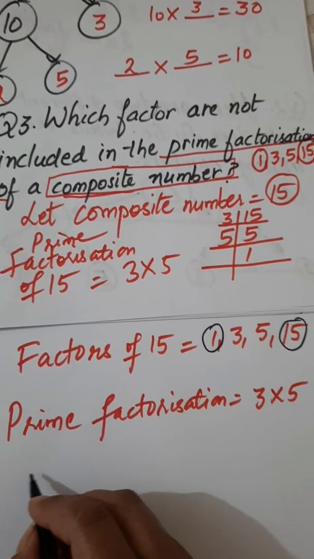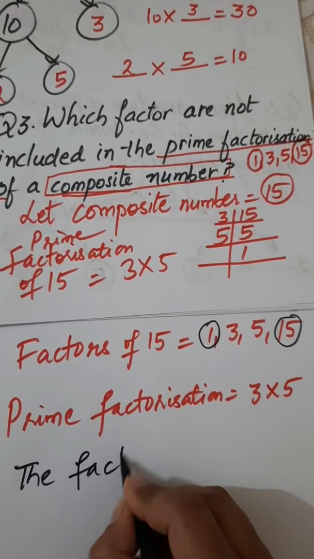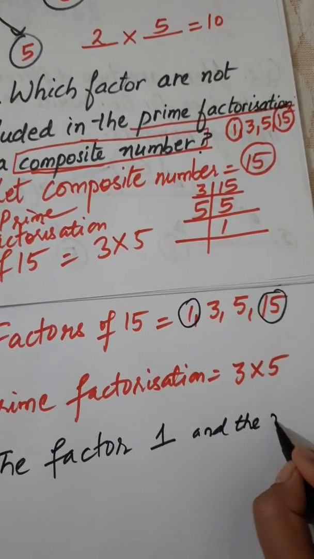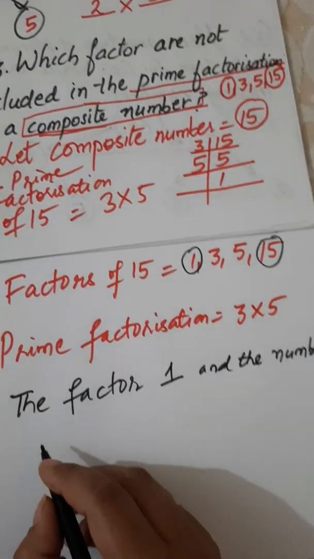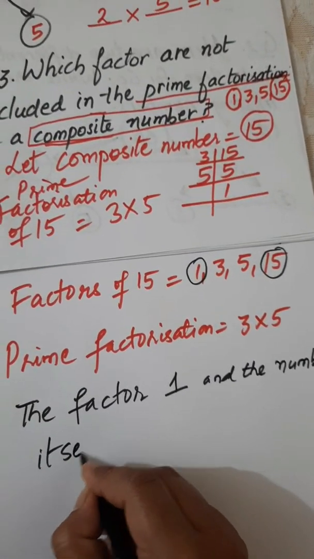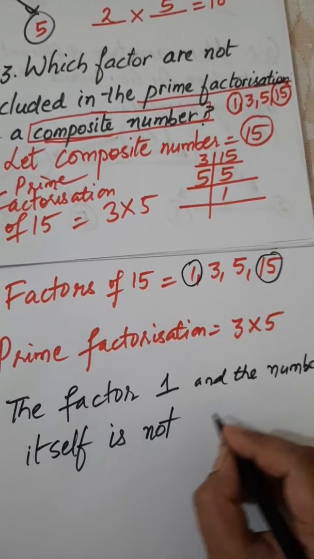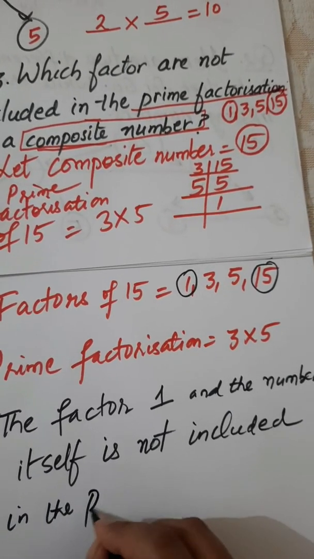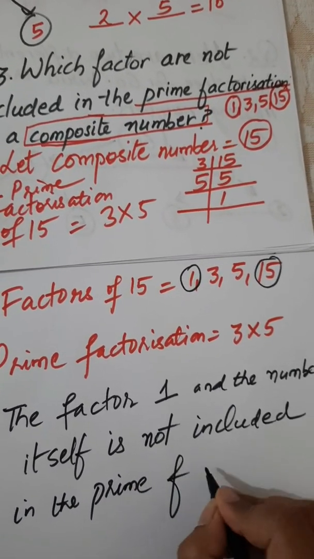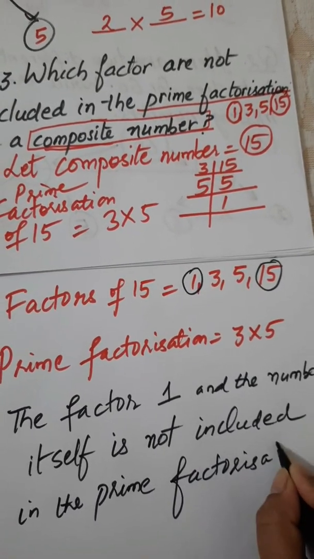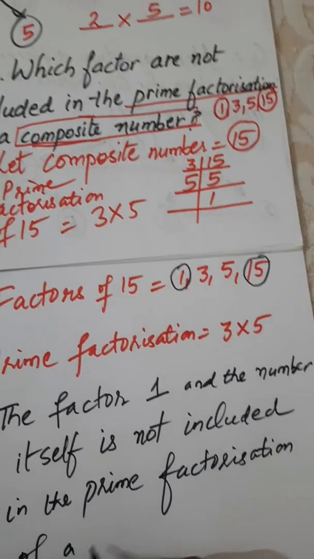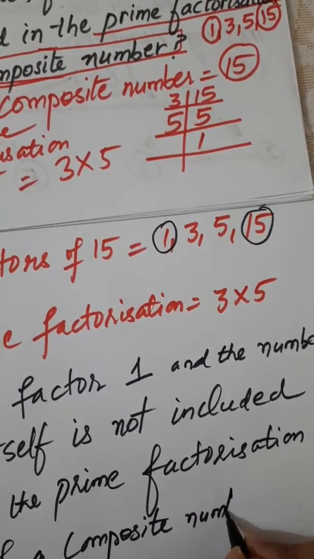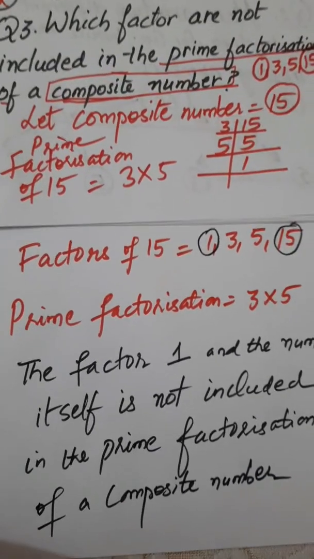So I will write the factor 1 and the number itself is not included in the prime factorization of a composite number. So this is the third question.